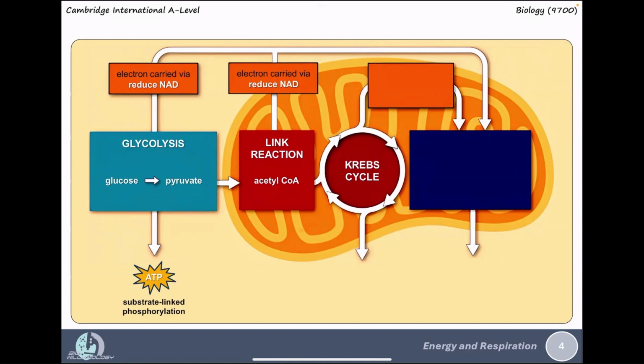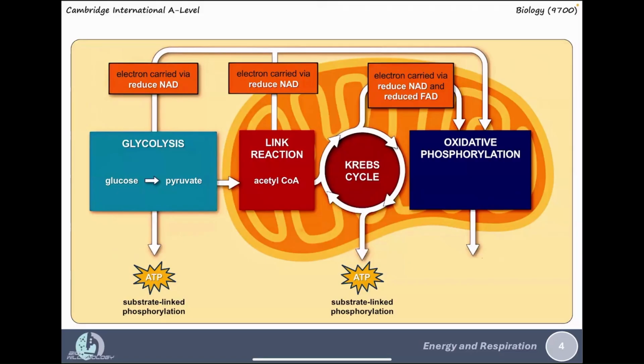Krebs cycle occurs in the mitochondrial matrix as well. In the series of reactions, ATP is produced through substrate-link phosphorylation again, and also reduced NAD and reduced FAD are produced. This reduced NAD and reduced FAD will be used during oxidative phosphorylation, which involves electron transportation as well as chemiosmosis to produce ATP, but not through substrate-link phosphorylation.